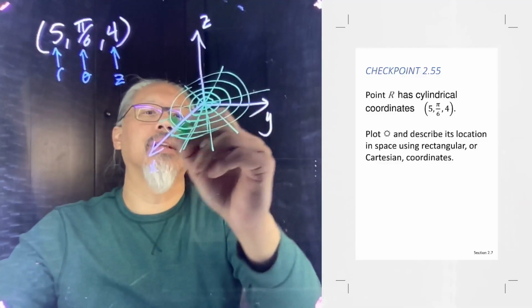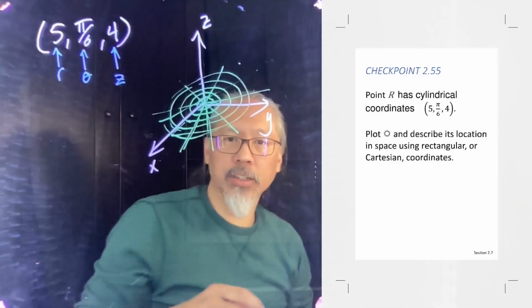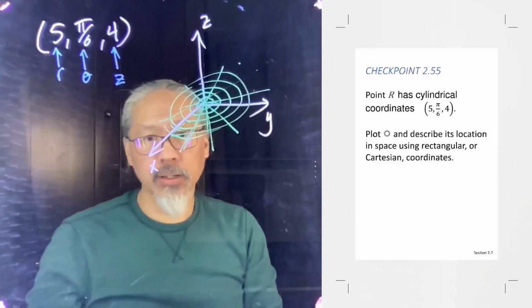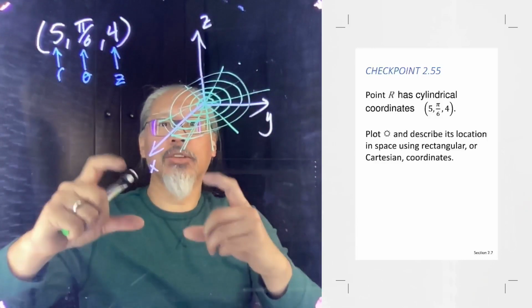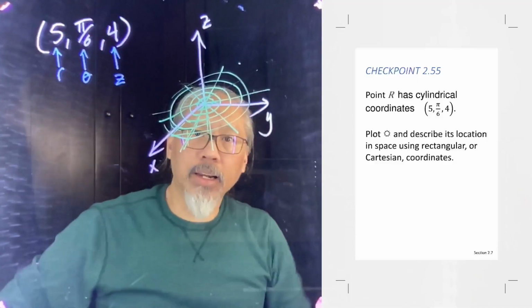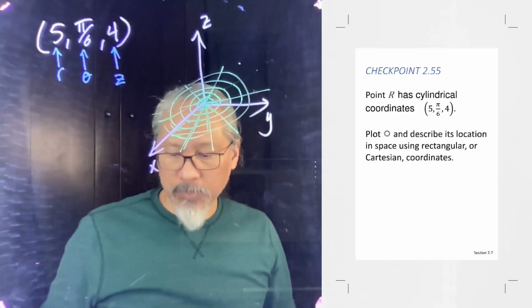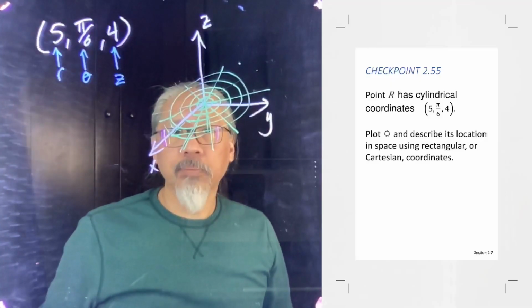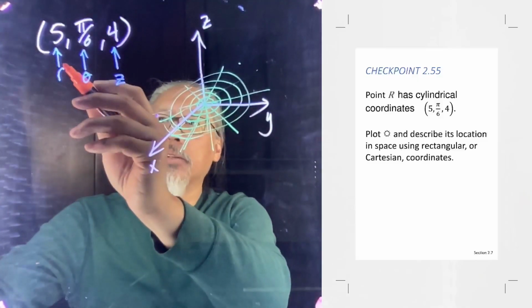And we've seen the two-dimensional version of this, and in fact the two-dimensional version is exactly polar coordinates. If we were looking at it straight on, everything would look like circles. But we're looking at it at a little bit of an angle, so it's slightly skewed. In any case, we're going to identify this point.